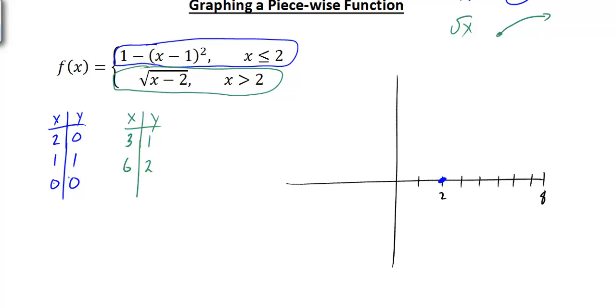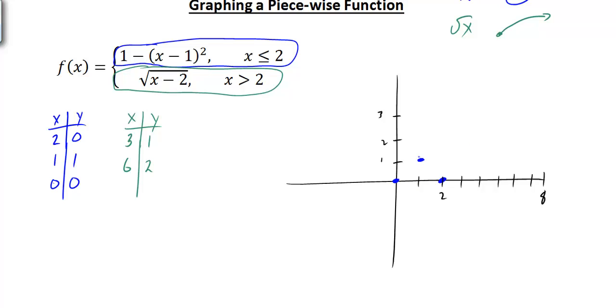And then at 1, 1, when x is 1, y is 1. So we're going to go up 1. And then when x is 0, y is 0. So then we have 0, 0 here. Whoops, and this should be 1. When x is 1, y is 1.